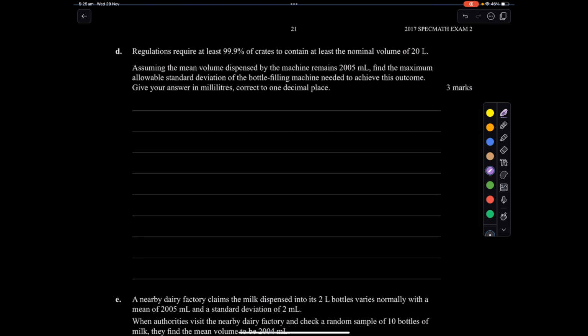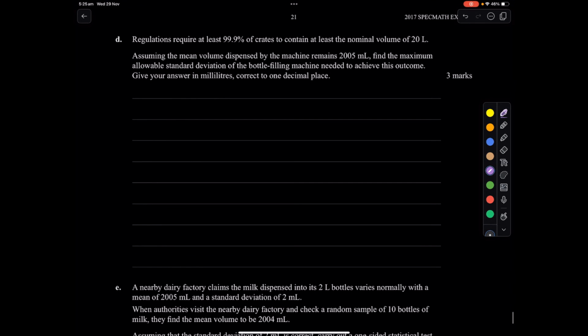Give your answer in milliliters correct to 1 decimal place. So have a look at this. You want to have probability. The regulations require at least 99.9% of crates to contain at least the nominal volume.